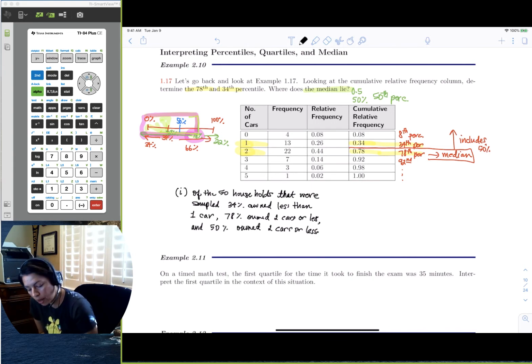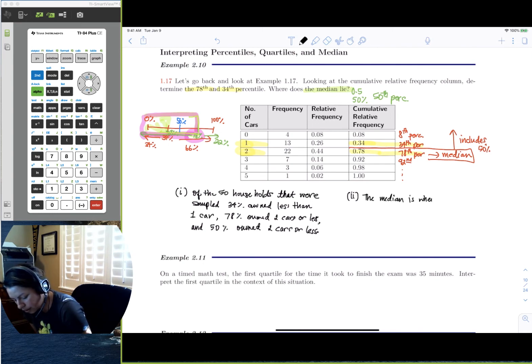And the second part we want to note is that the median is where the 50% lies within the cumulative relative frequency column.